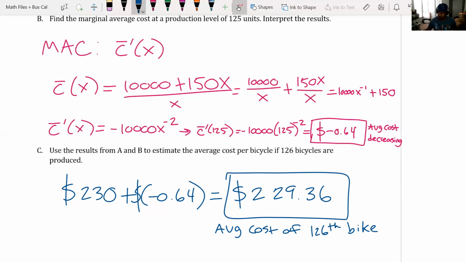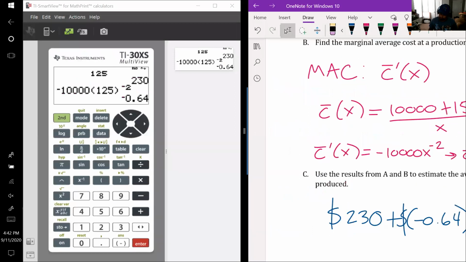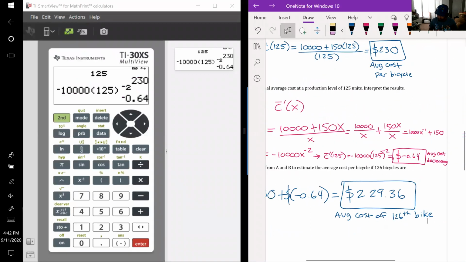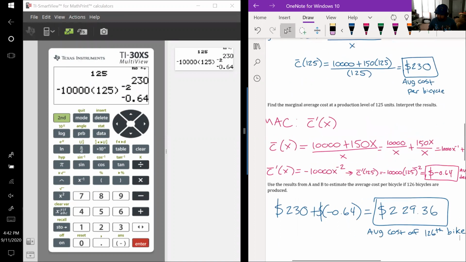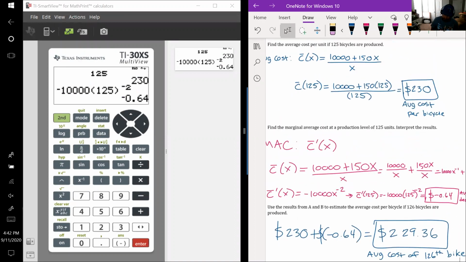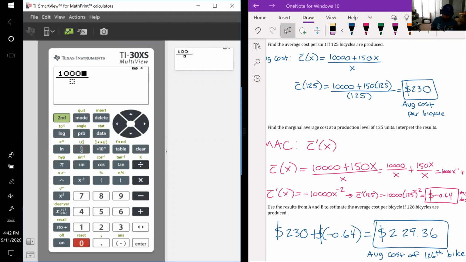Yeah, cool. I guess if you want to verify that step, just come back to the average cost function above. So it is the fraction 10,000 plus 150, but this time I'll multiply in that 126 of what we're doing below over 126, and we should get the same result that I got in C. Hopefully.